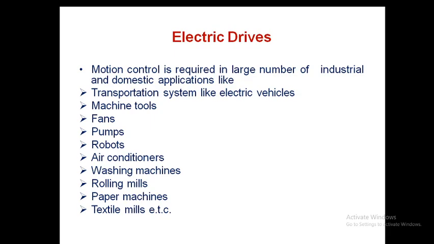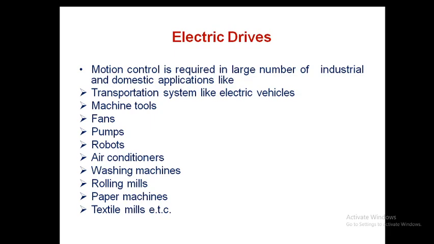So here, if you see from low power application to high power application, we can find them almost in all electric devices, in domestic as well as industrial applications. In a CPU you can find the fan, and that may be a few watts power electric drive.